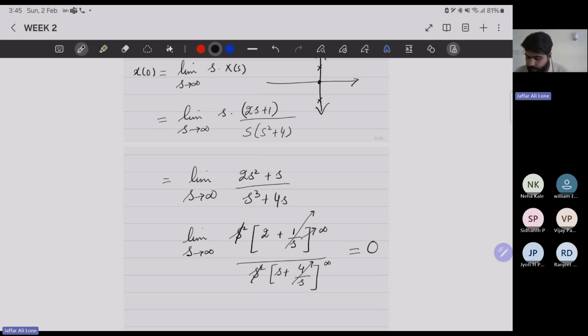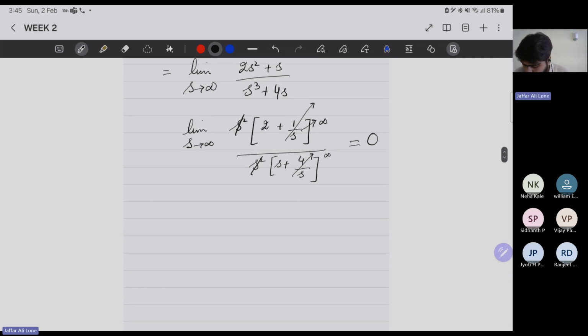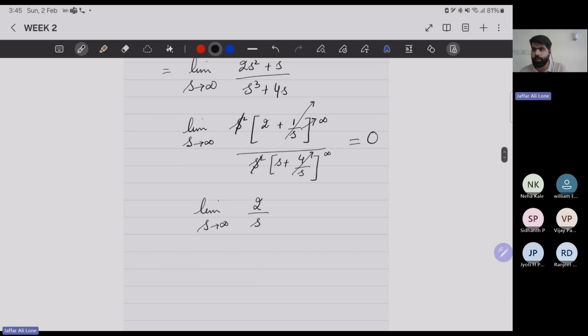I hope this is clear. Let me simplify it. For example, you have 2 divided by s, limit s tends to infinity. If you put s equal to 10, you get some value. If you put s equal to 100, some value, and if you put s 1000, that value will go on decreasing.